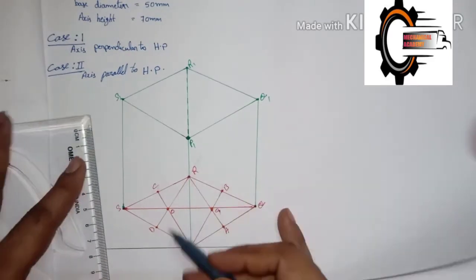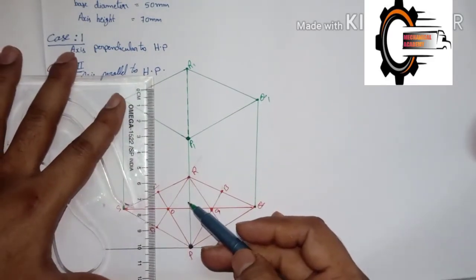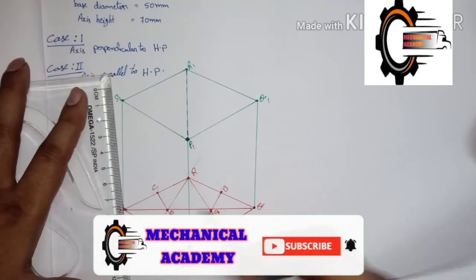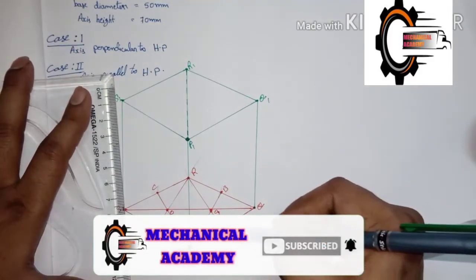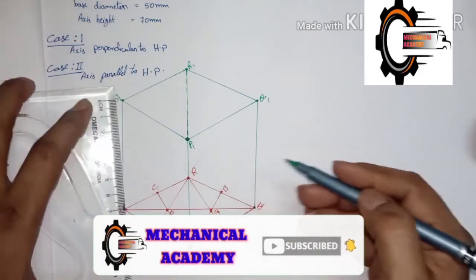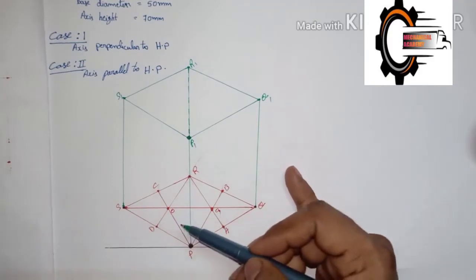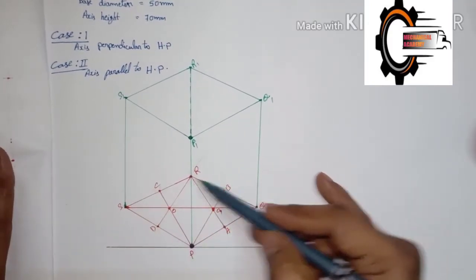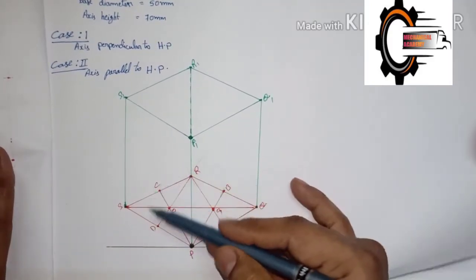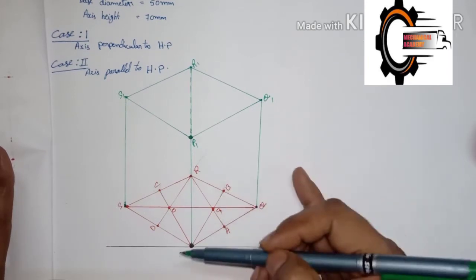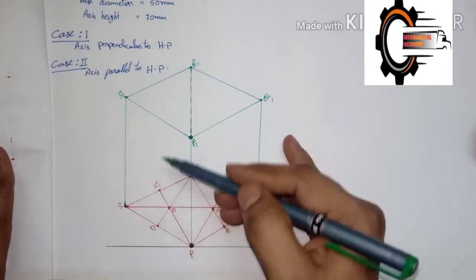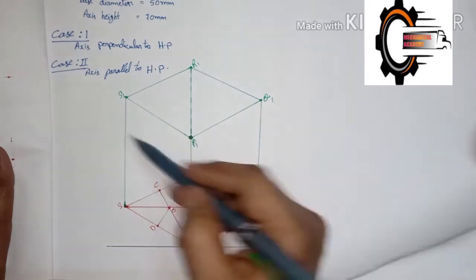In the upper face we have to mark the same points, which are the midpoints. In the bottom rhombus we have the midpoints. Similarly we have to mark the same bottom points on the upper face also.